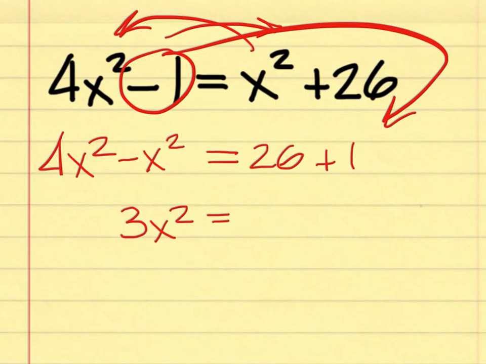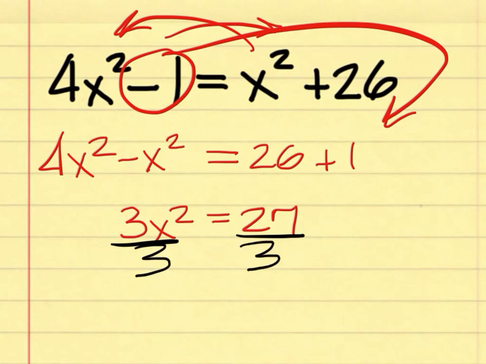And on the right side, I have 26 plus 1, which turns out to be what? 27. All right. So now, what do I do to both sides at this point? Divide by 3. Yeah, divide by 3.